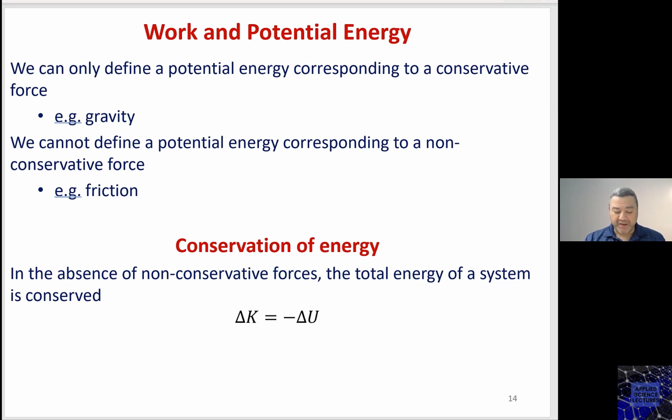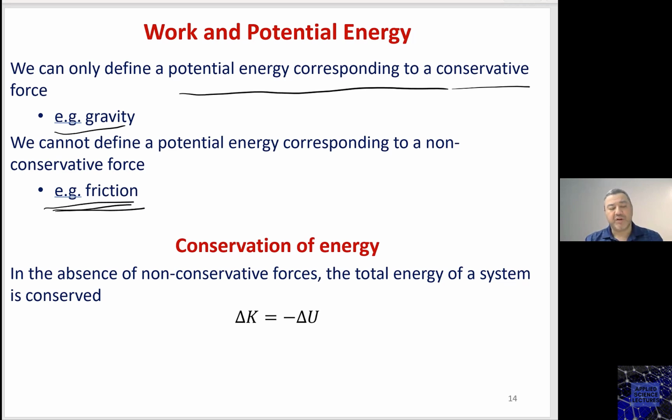Now, this potential energy only works with conservative forces, like, for example, gravity. However, potential energy does not work with non-conservative forces like friction, because friction ends in an energy loss that you cannot retrieve.